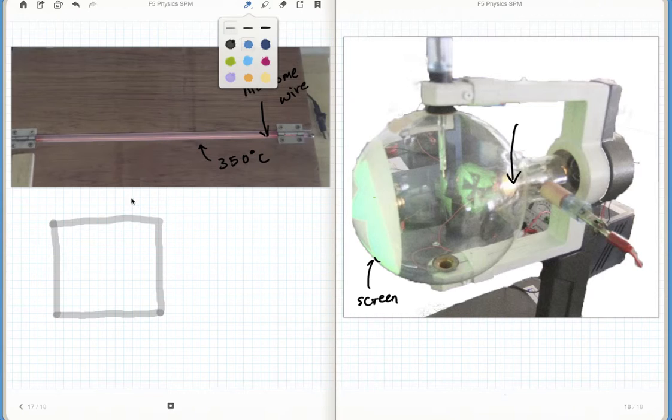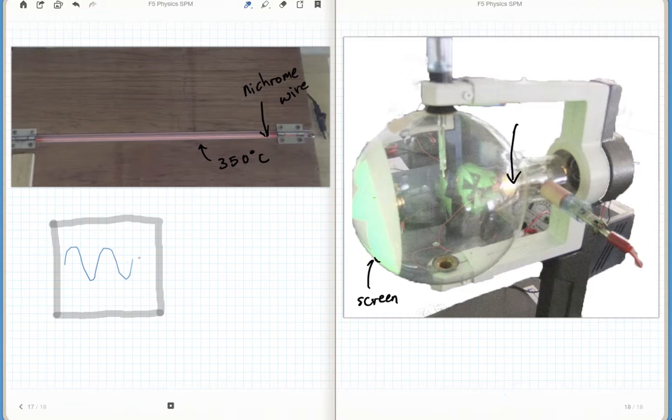Say you have 1, 2, 3, 4, 1, 2, 3, 4, 1, 2, 3, 4, and 1, 2, 3, 4.